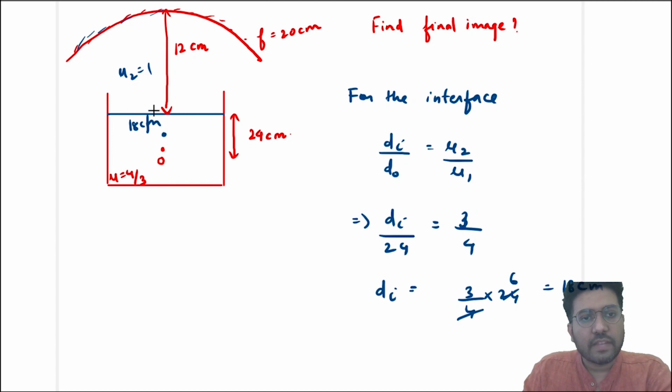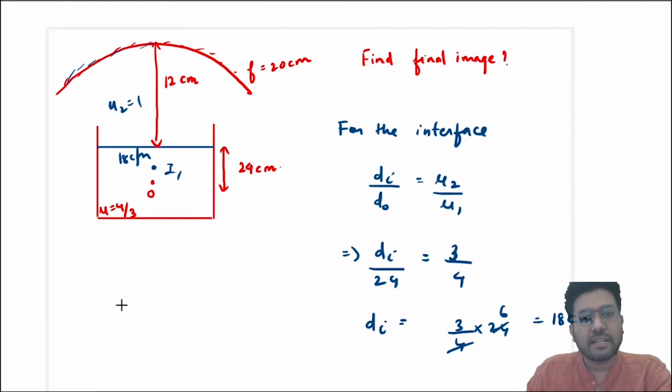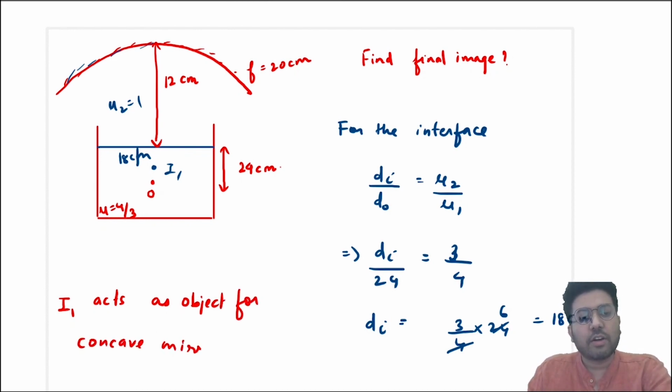Now if the image is at a distance of 18 centimeter, this image I1 is acting as the object. I1 acts as object for the concave mirror. So this object I1 is at a distance of 12 plus 18, that is 30 centimeter.